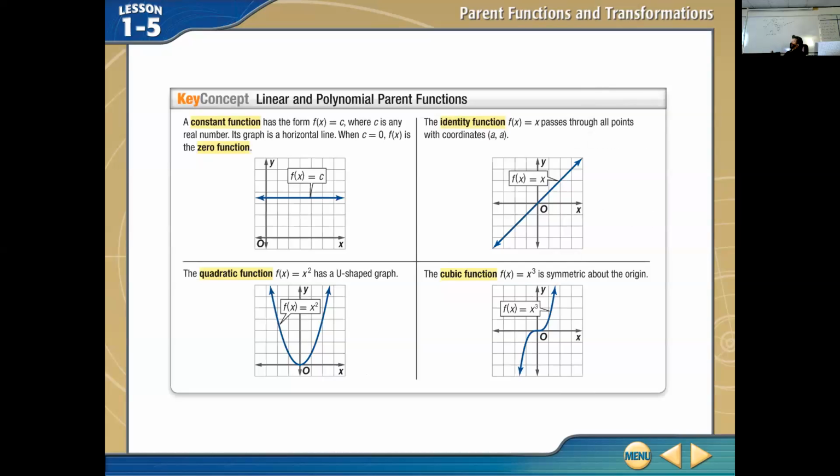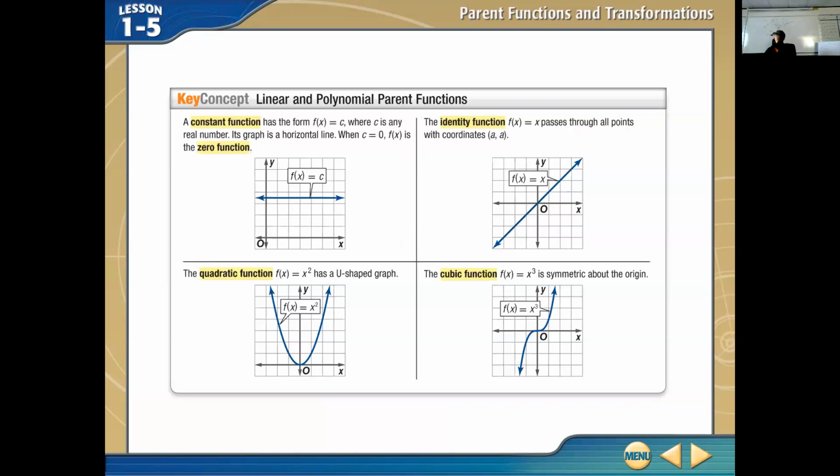And here we go. So here are your basic linear and polynomial parent functions. So up in the top left, we have constant function. Constant function has the form f of x is equal to c, where c is any real number, and its graph is a horizontal line. So this would be like f of x is equal to 6. So it doesn't matter what x value we plug in for f of x, we're going to get 6.